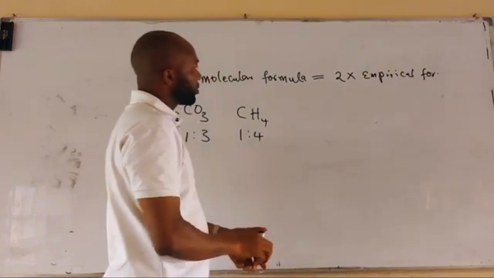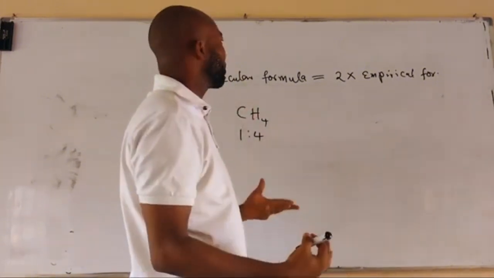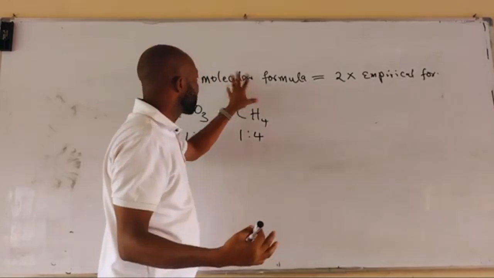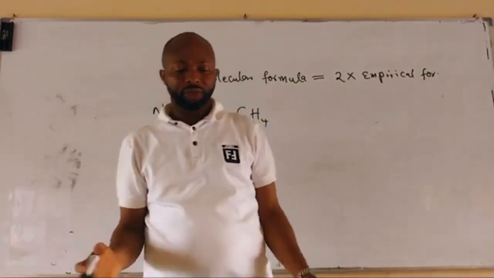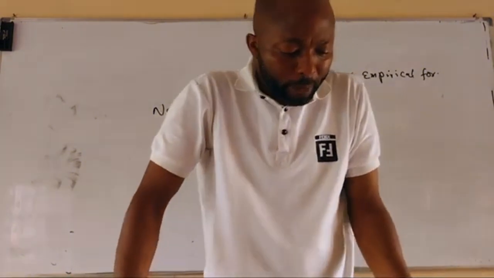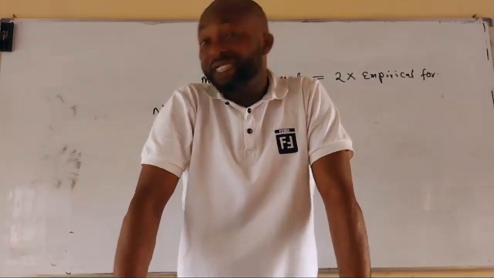Aside from the fact that it gives us the actual value of the element or compound, it is also 2 times its empirical formula. So to solve questions on empirical and molecular formula, we follow the following steps.